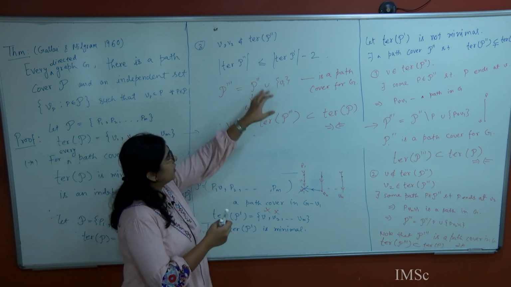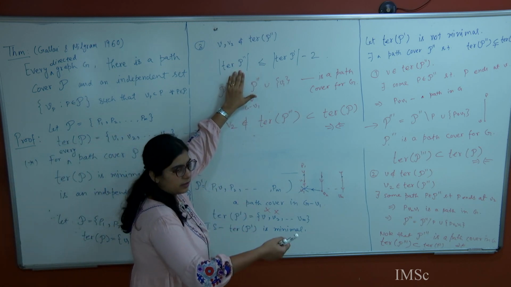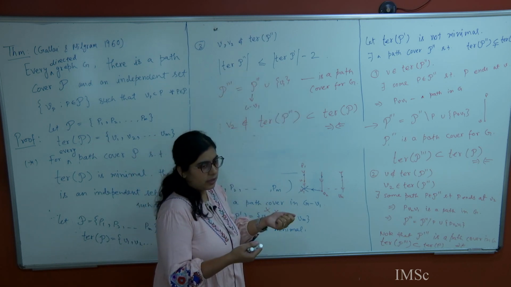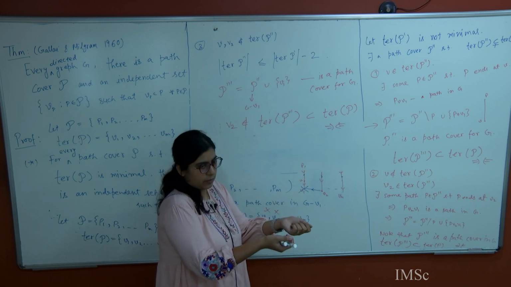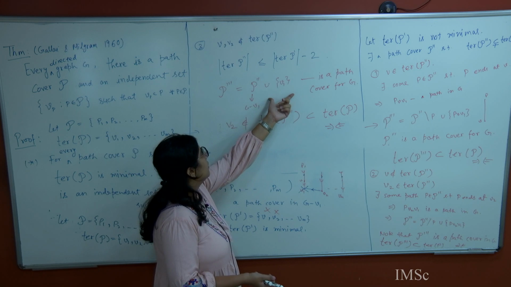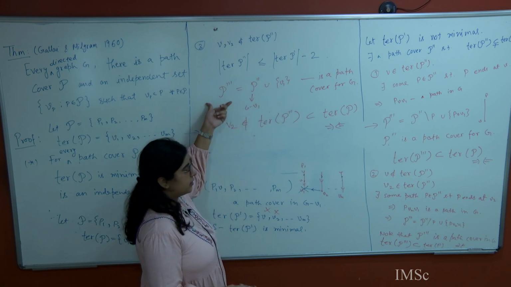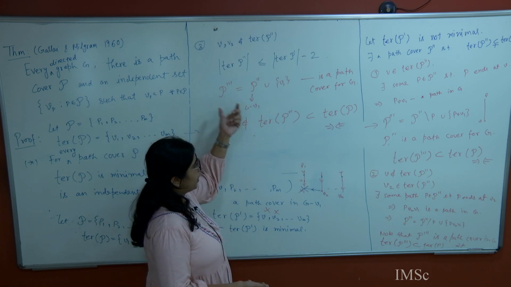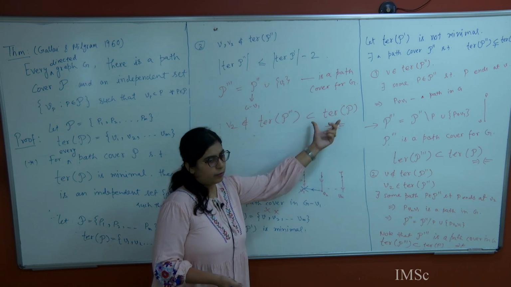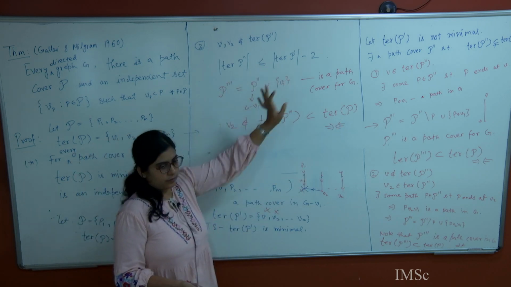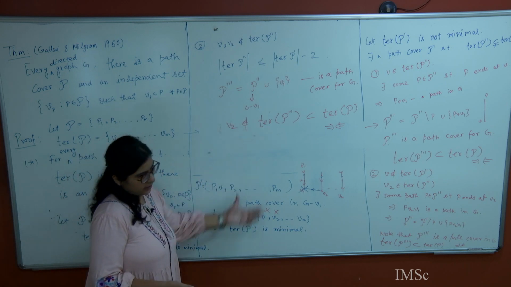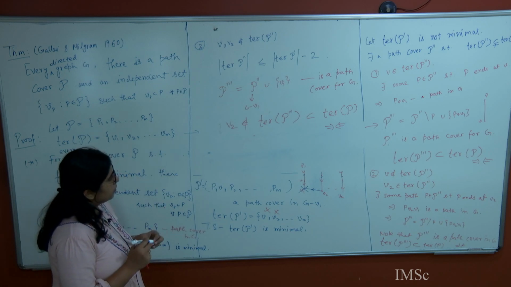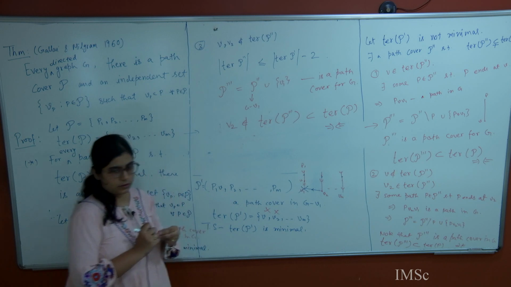So from this path cover P double prime, I will get a path cover in G by adding V1 as a singleton path, because V1 is uncovered. The terminal set of this new path cover is strictly contained in the terminal set of P, again because of the difference of 2, or you can see that V2 is not there in the new terminal set. So in this case also we got a contradiction. So, we are done.